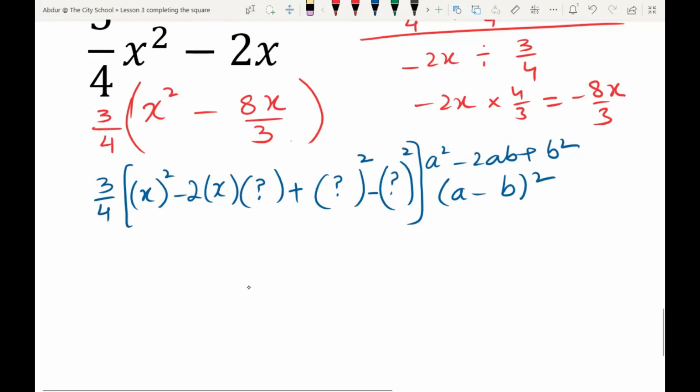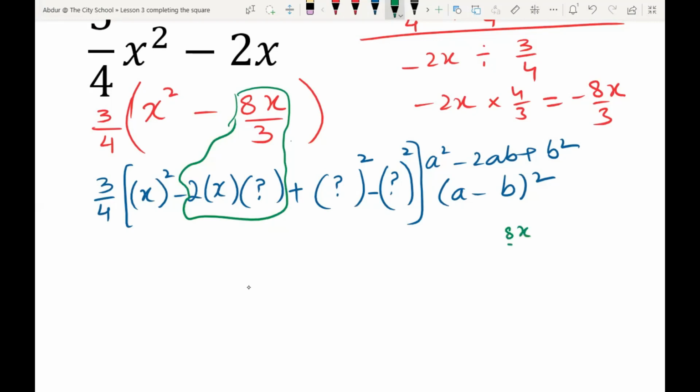So comparing minus 8x over 3 with 2x question mark, we get question mark is 8x over 3 divided by 2x.